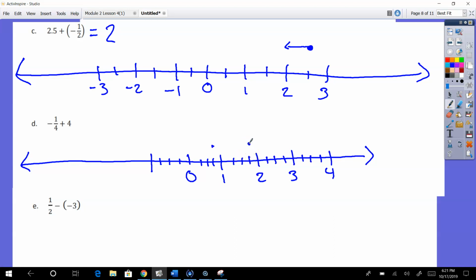So that is 1 whole. 1/4, 2/4, 3/4, 4/4, 2 wholes. 1/4, 2/4, 3/4, 4/4, 1 whole. Okay, so we're going to the right. 1, 2, 3. Oh, I need to go further.